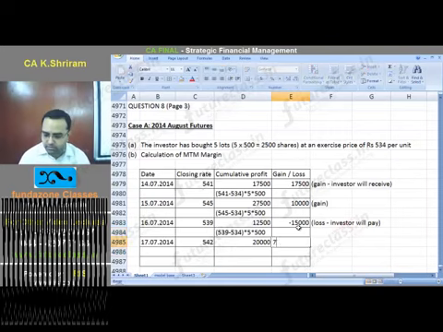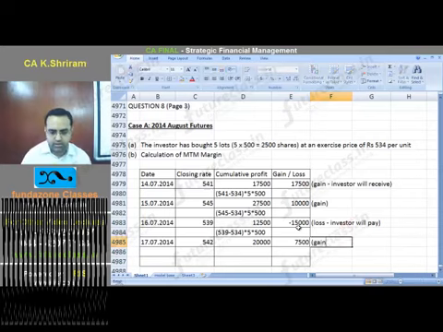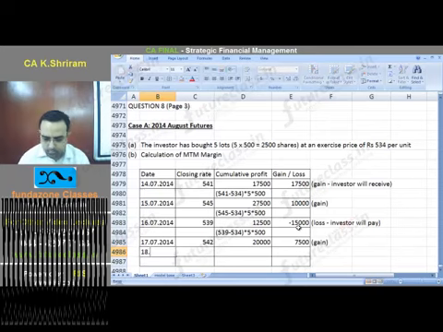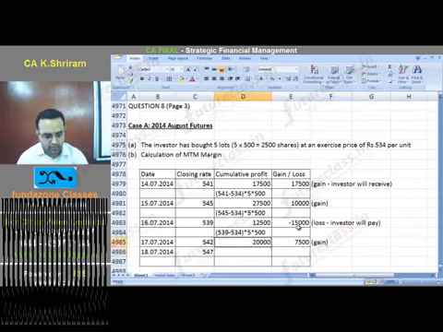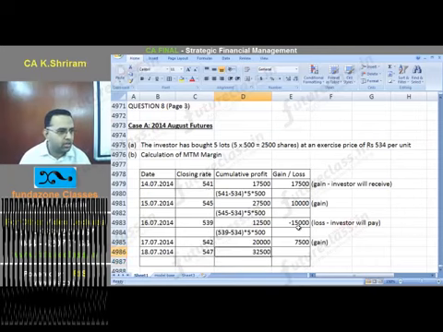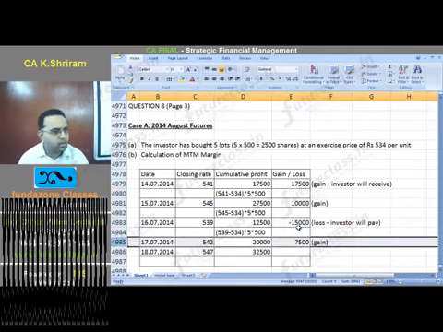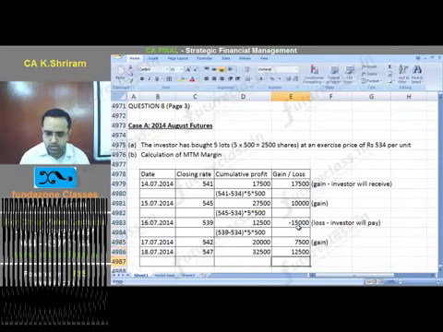So he will receive 7,500. On the 18th, the closing rate is 547. So that's how much in total? 32,500. What is already received? All these four numbers, which is nothing but 20,000. So what has to be received now is 12,500.